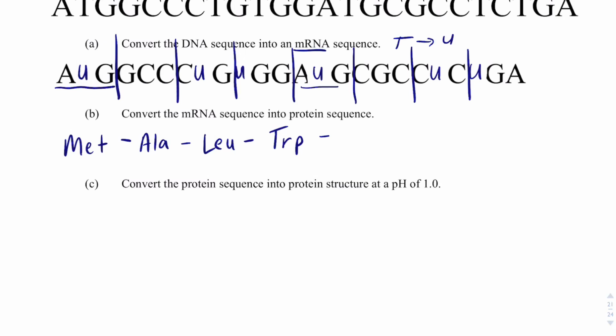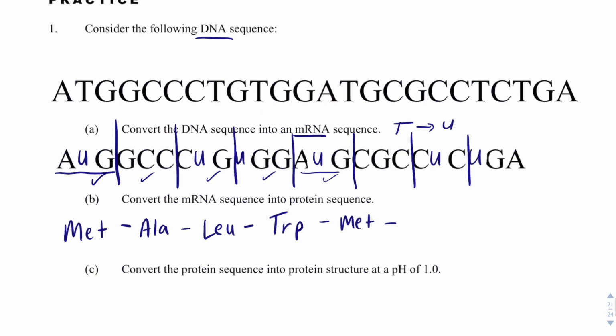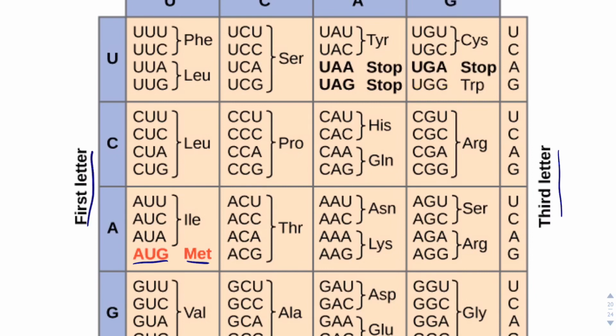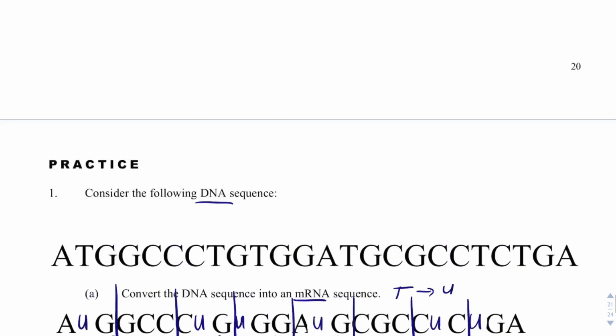And then AUG again, and sometimes it's helpful to just check them off as we go, since we have a lot here. AUG is going to be methionine. CGC, that intersects here. CGC is going to be arginine.